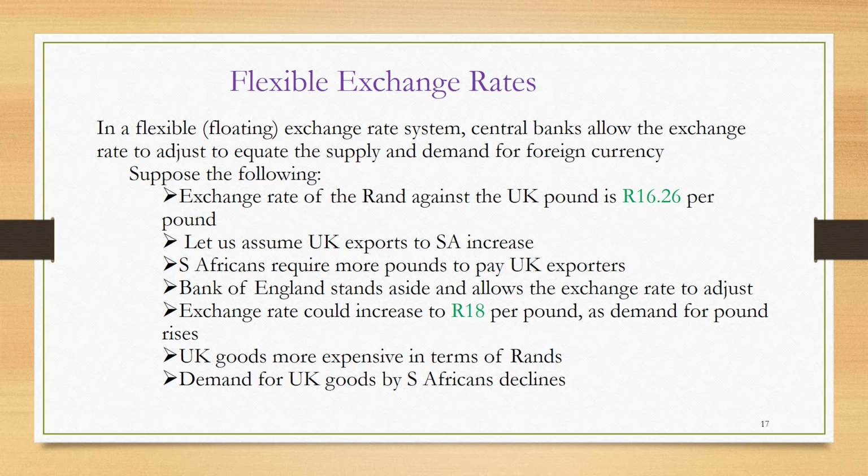So sometimes we get clean floating where there's no intervention by central banks. So your official reserve transactions on the balance of payments will be equal to zero because they just allow the exchange rate to adjust. But in other instances, you get a dirty or a managed float where the central bank does intervene to buy and sell foreign currency in an attempt to try and influence the exchange rate.